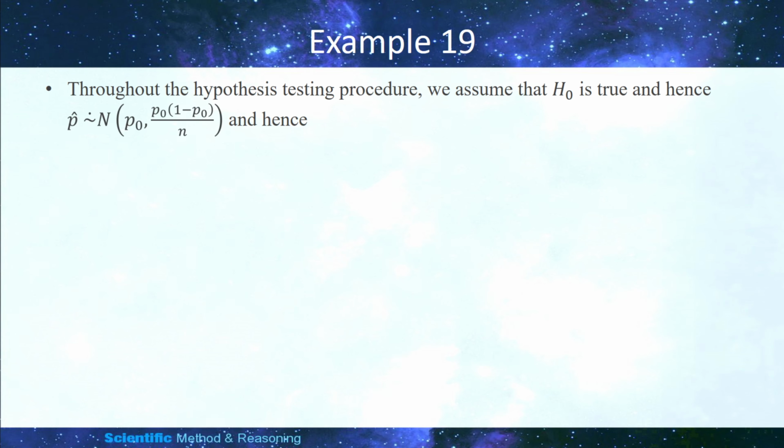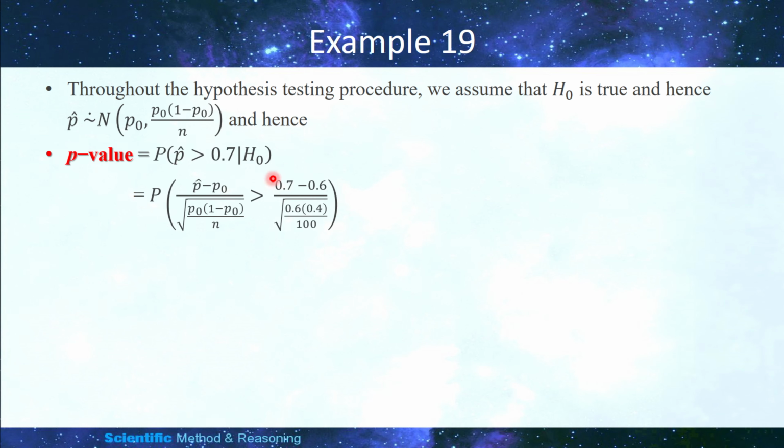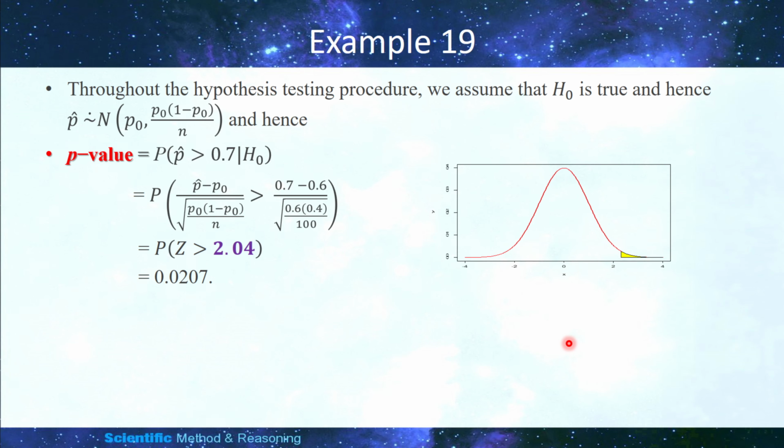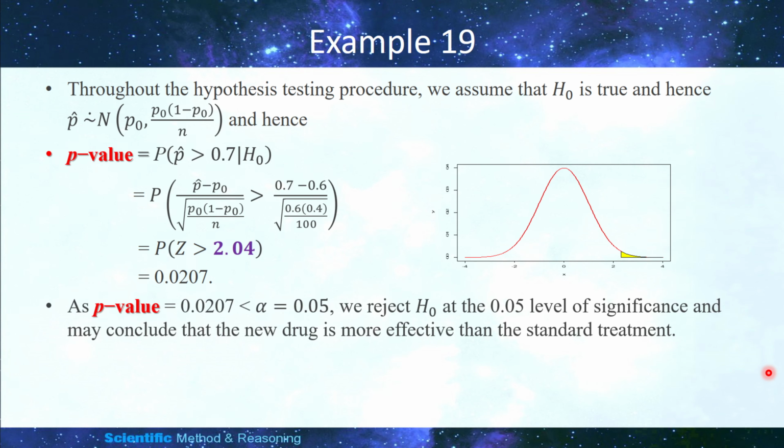Throughout the hypothesis testing procedure, we assume that the null hypothesis is true, and therefore we have a p-value equal to 0.0207, which we illustrated earlier, somewhere near the yellow region.